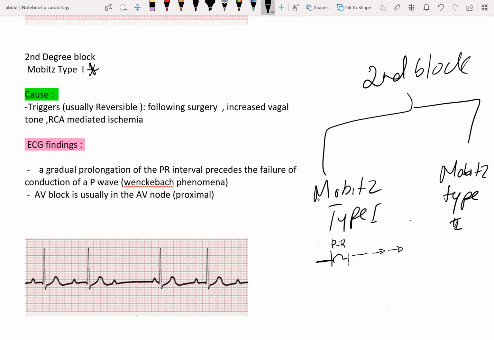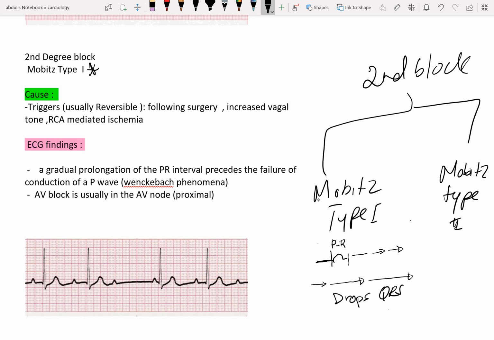So in Mobitz type 1, after the first time it prolongs, the second time it prolongs the PR interval longer, and the third time it prolongs longer, and then all of a sudden a QRS drops. It does not occur all the time, but usually when it occurs, it occurs in this manner.